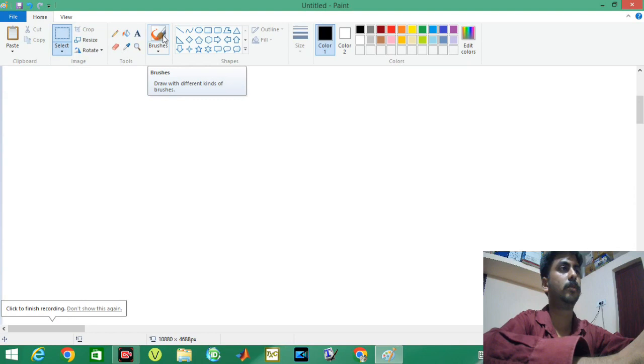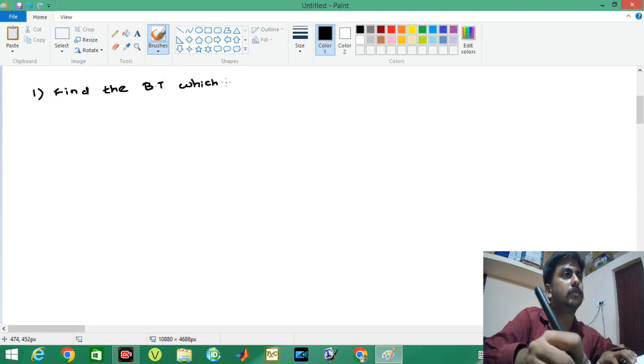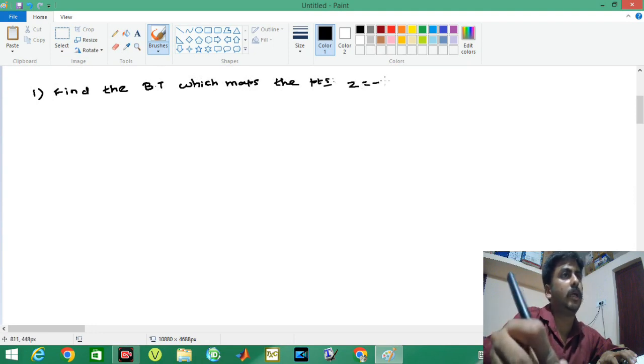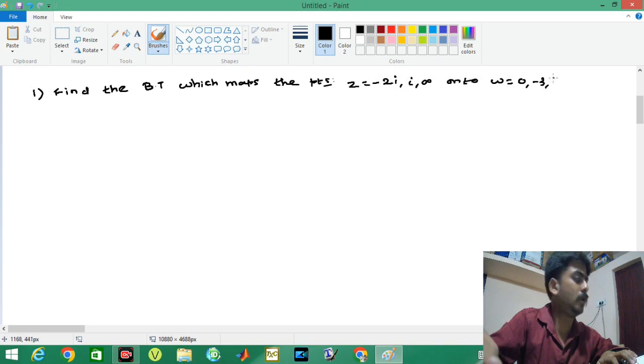The problem is to find the bilinear transformation which maps the points z equal to minus 2i, i, infinity onto w equal to 0, minus 3, 1 by 3 respectively.